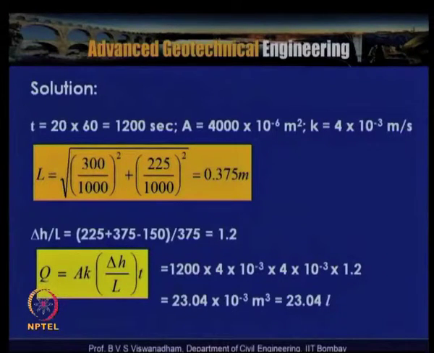Now here the length of the sample is nothing but the square root of the sum of the squares of the vertical ordinate and horizontal ordinate, and with that we get 0.375 meters.